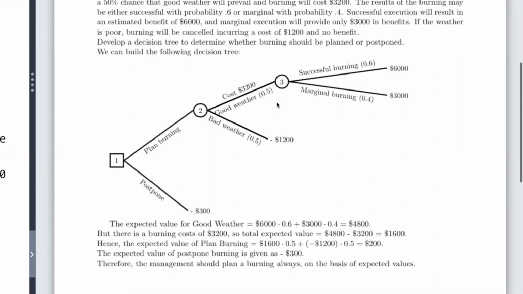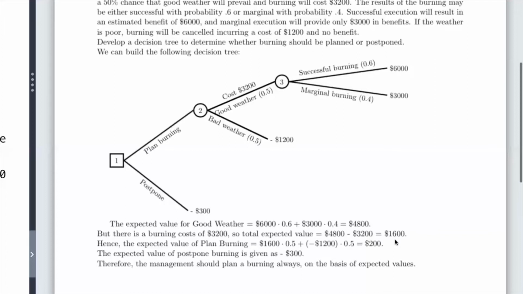However, we need to pay $3,200 for the burning cost. So the expected value for that branch from 2 going into 3 would be 4,800 minus 3,200, which gives us 1,600.